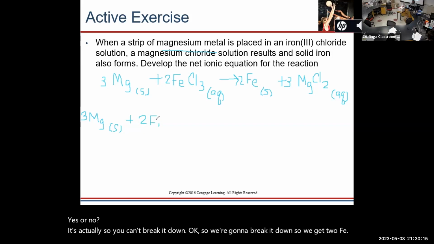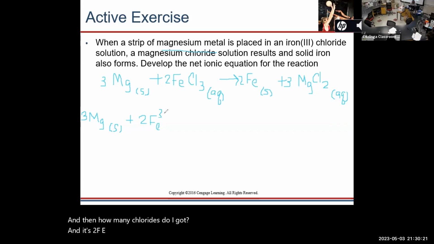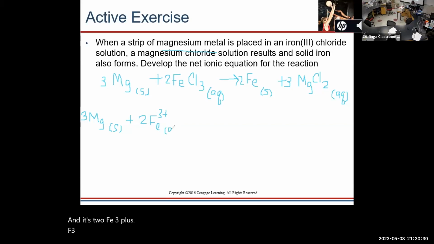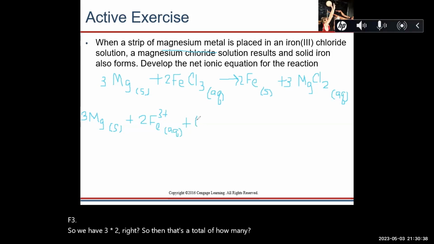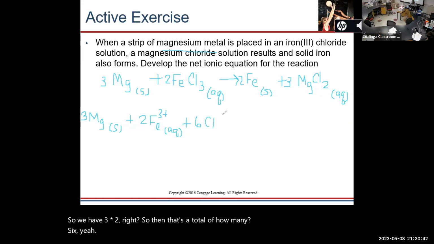And then how many chlorides do I have? We have 3 multiplied by 2, right? So then that's a total of how many? Oh, 6. Yeah. So we're going to have 6 chlorides.